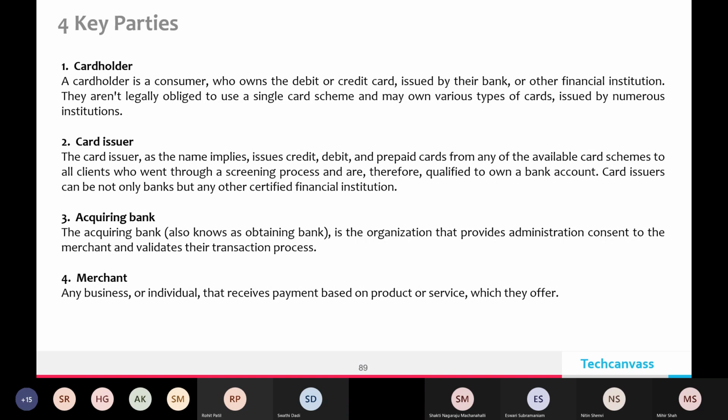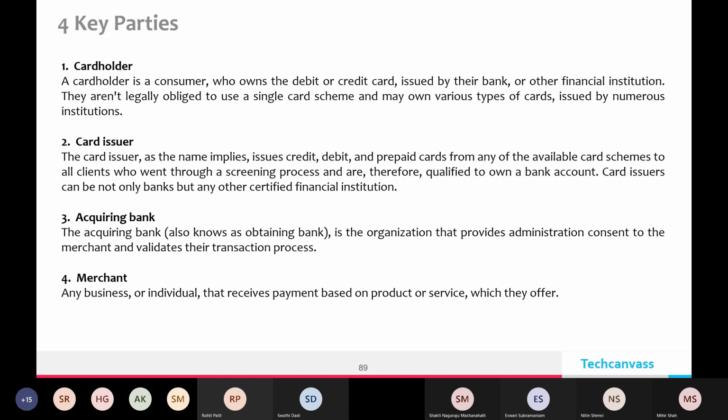When you look at the card issuer's role, the card issuer first applies for the network, and once they get the network, they issue the card. They design the card, and once a customer applies for the card, they validate the customer's credentials, identify the best limit that can be given to the customer, and then issue the card.